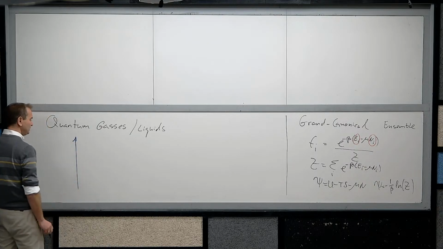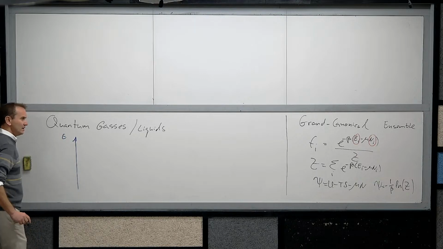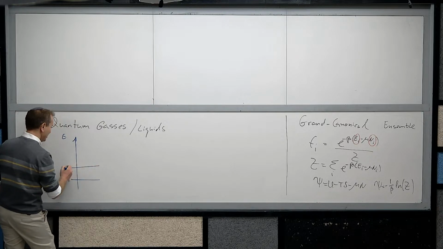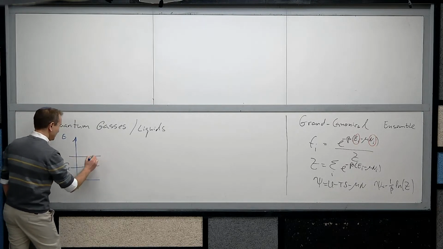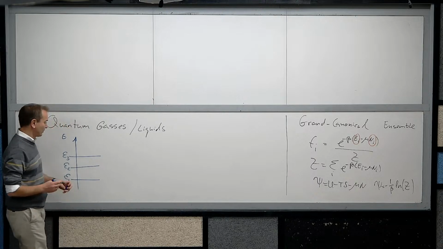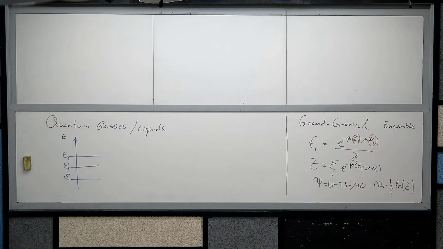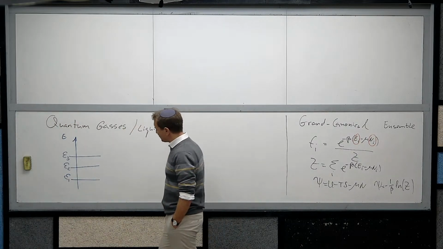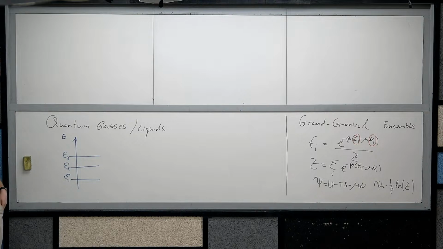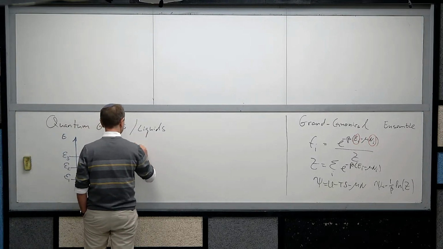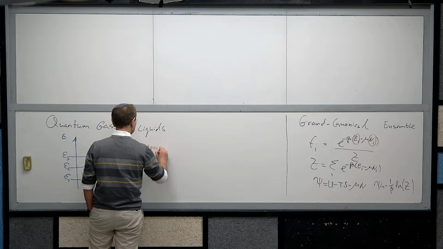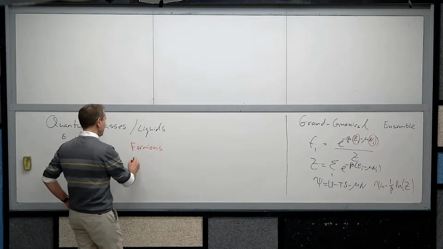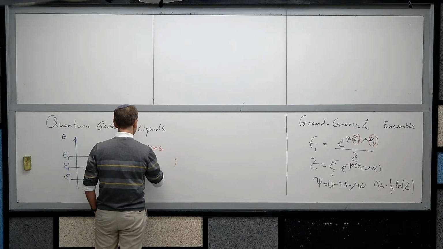This is our energy, and we have epsilon 1, epsilon 2, and epsilon 3. We have a temperature for the system, and we treat fermions. Now, the thing about fermions, and we can maybe also add here, non-interacting.